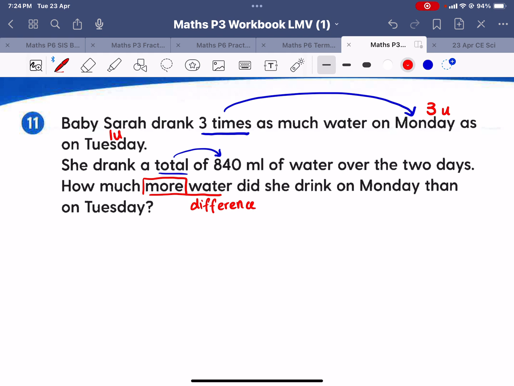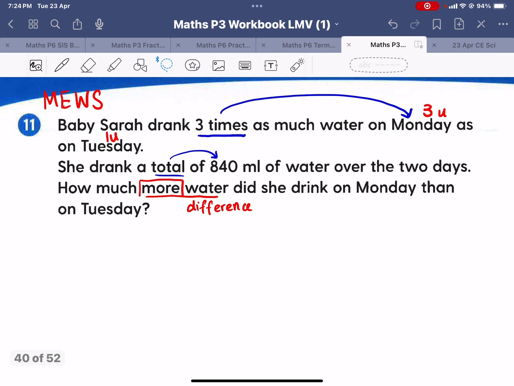Okay? So let's begin with what we already know about model drawing. We know these 4 things have to be completed: model, equation, workings, and of course your word sentence.